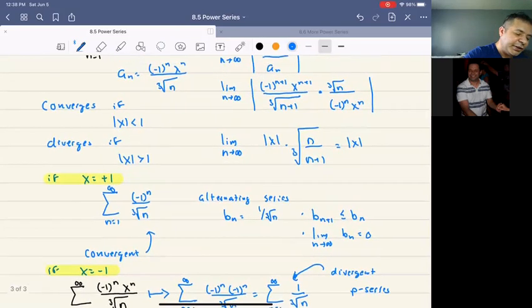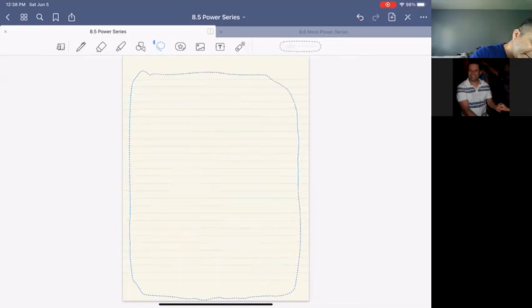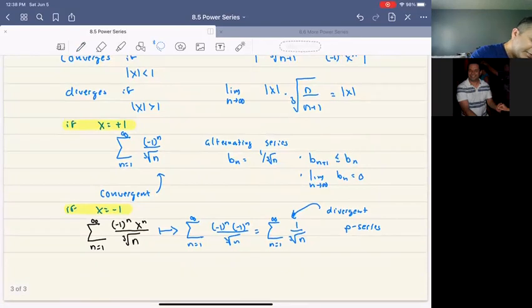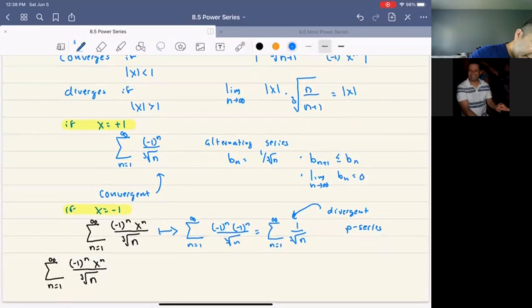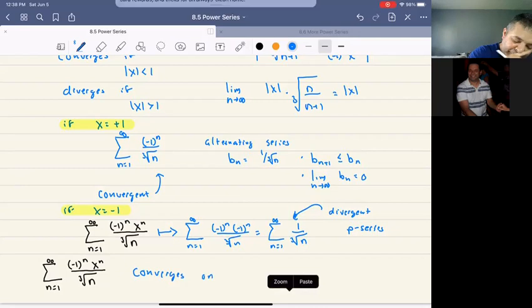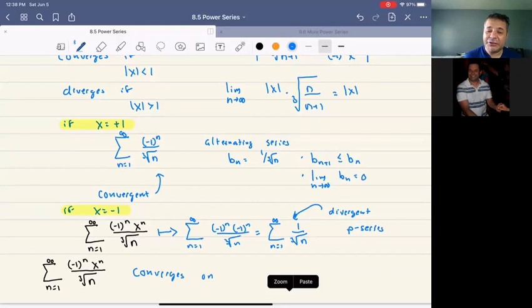Okay, let me move all of this up to give me more space. So in conclusion, my power series does not converge at negative 1, but it does converge at 1.